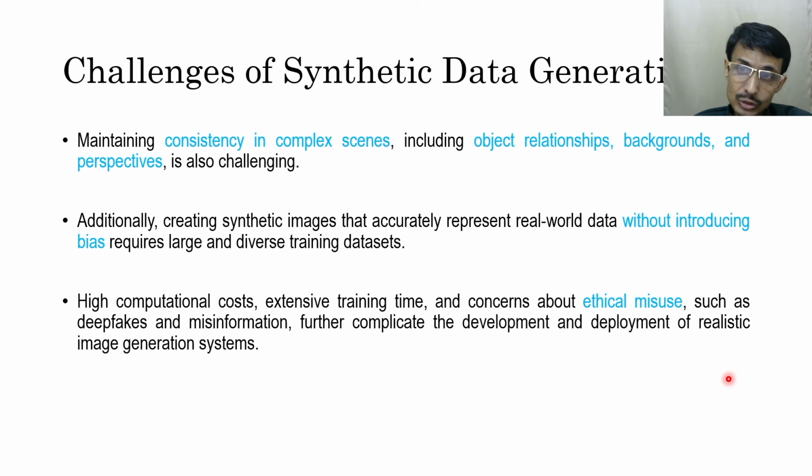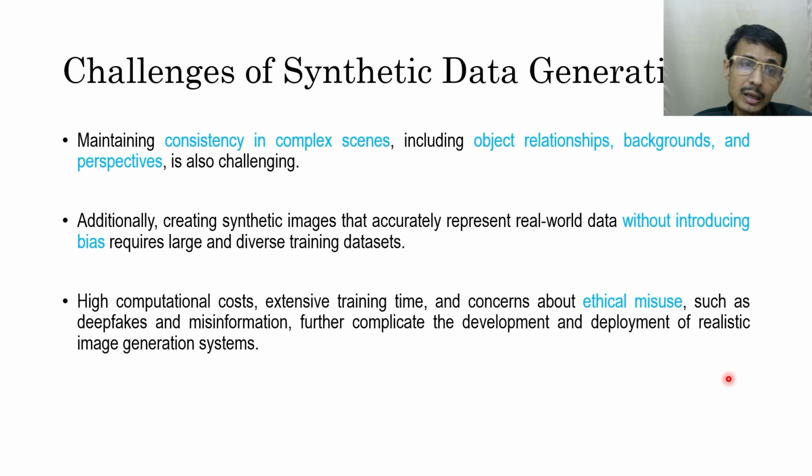Some contextual relation should be maintained. The object should be consistent with backgrounds and perspectives, and that is also very challenging. It should not be that a cow is standing on a tree. Contextual consistency is very important when generating data or images.